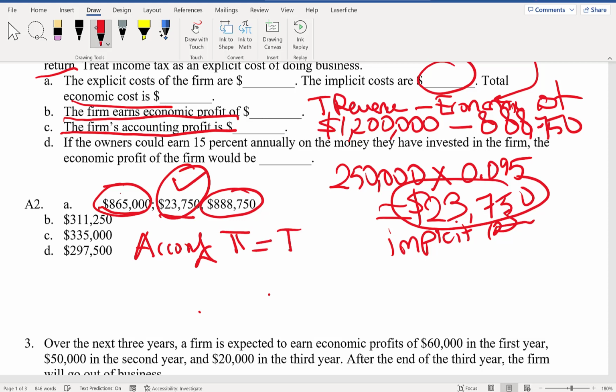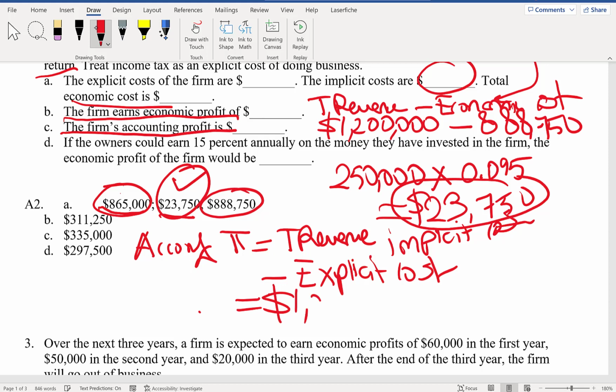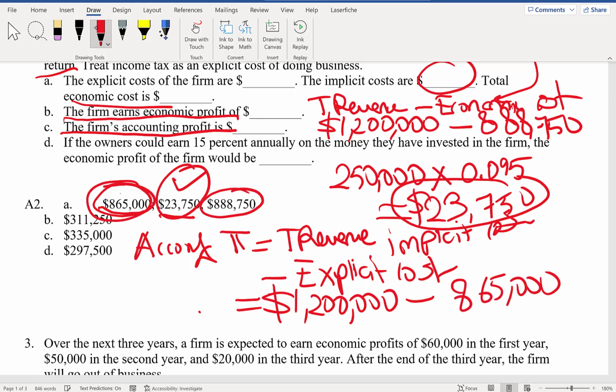This is going to be total revenue minus only explicit cost. Okay, so it's going to be $1.2 million minus, what was my explicit cost? This $865,000, right? That is going to give you 335.